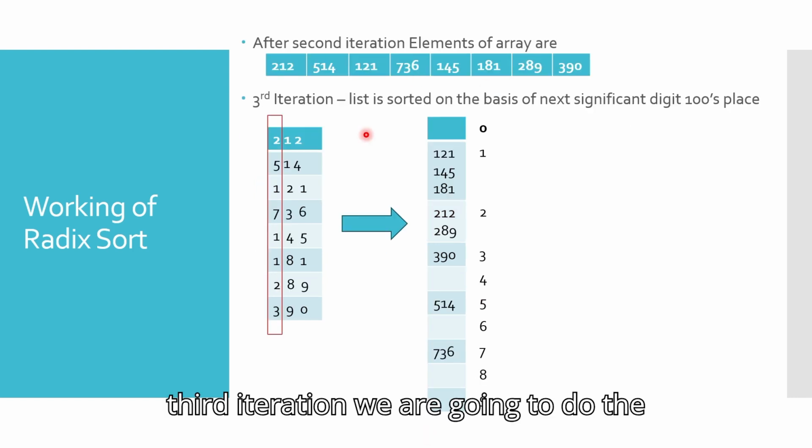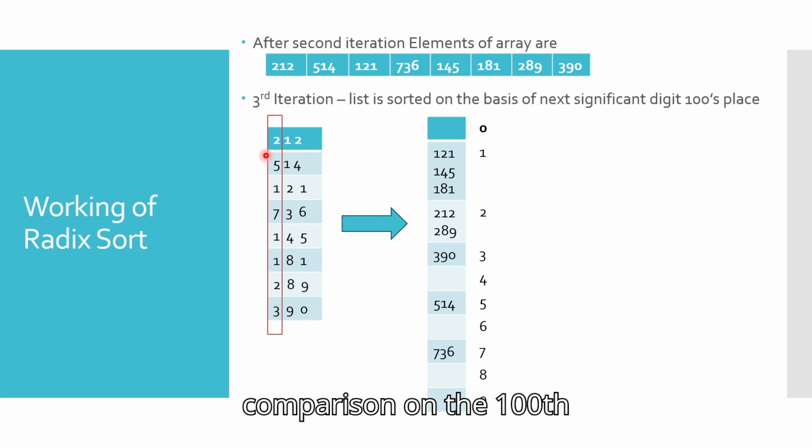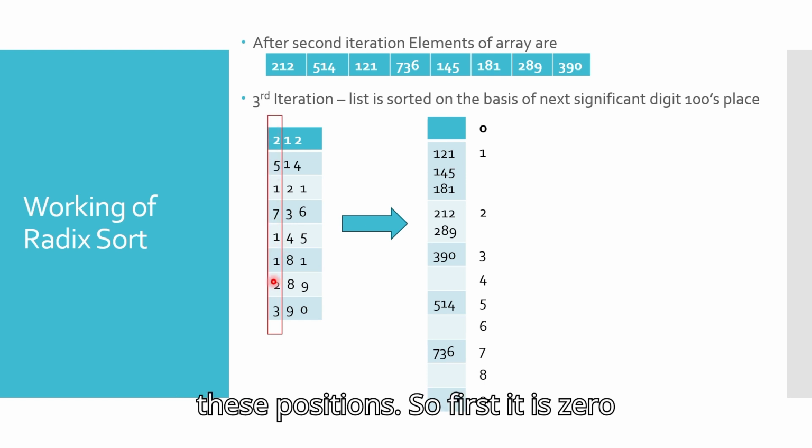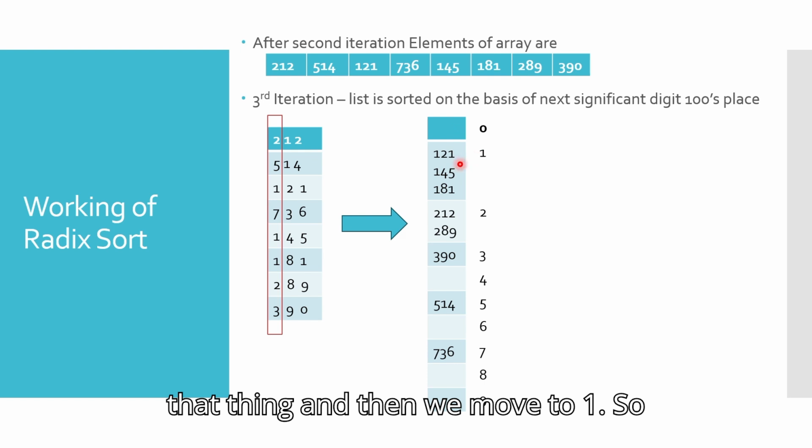In the third iteration we are going to do the comparison on the 100th place, identified in red: 2, 5, 1, 7, 1, 1, 2, 3. Now we are going to sort based on these positions. First it is 0, and then we move to 1.